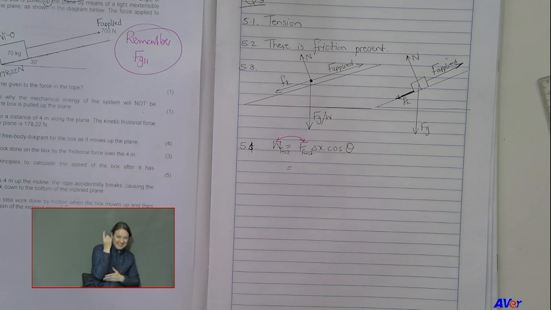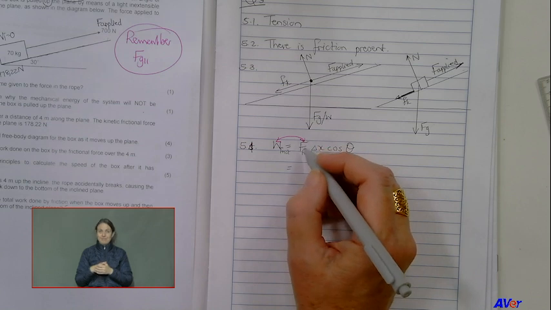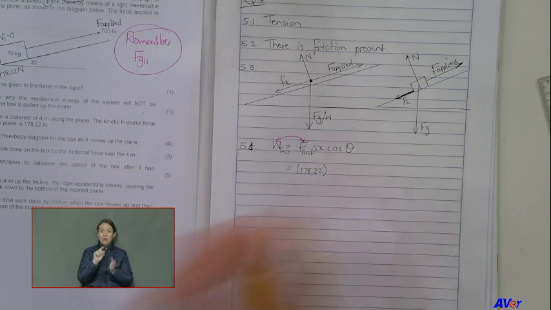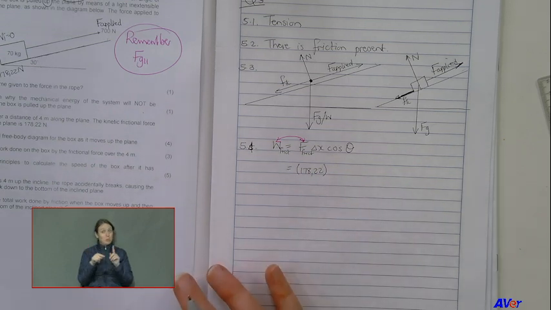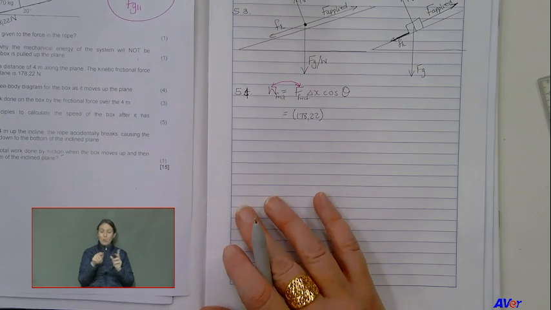And now, energy is a scalar quantity, so no directions. Okay, so the F must be a positive number of 178,22. So that's important. You're not going to put in a negative because it is friction. It must be a positive number.